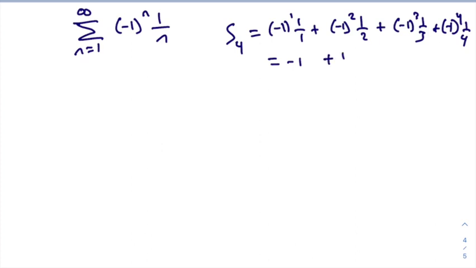So what do we have? Negative 1 plus 1/2, negative 1/3, plus 1/4, right? That alternating piece just changes the sign back and forth. And so I'm going to take a calculator and add up those numbers and figure out what we have. And I messed up my calculator, so let's try this again.